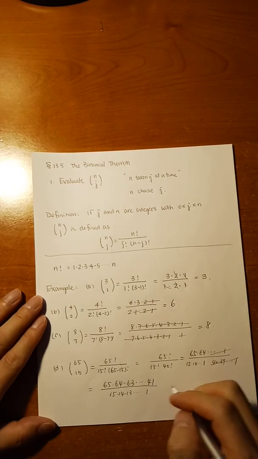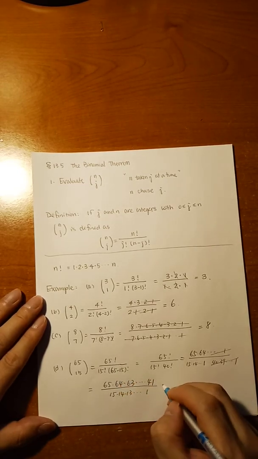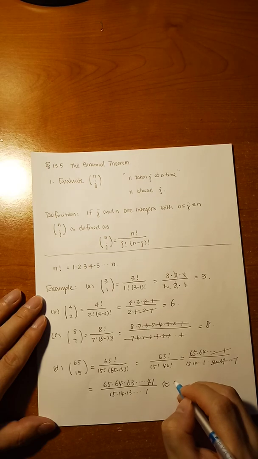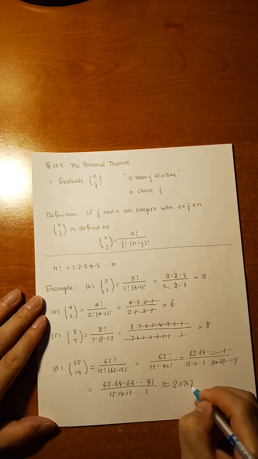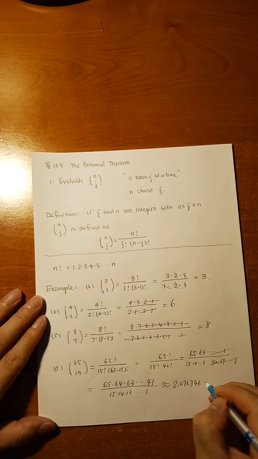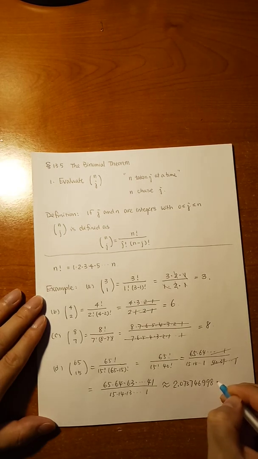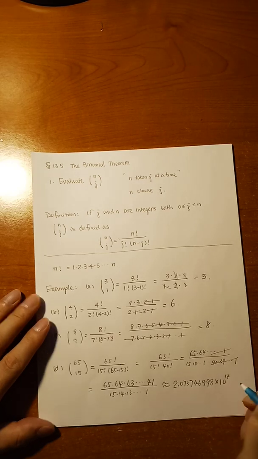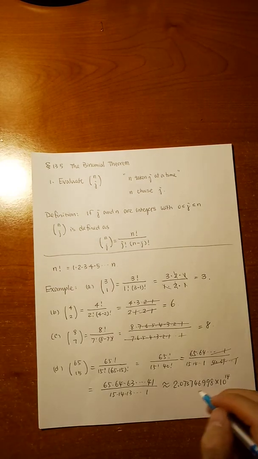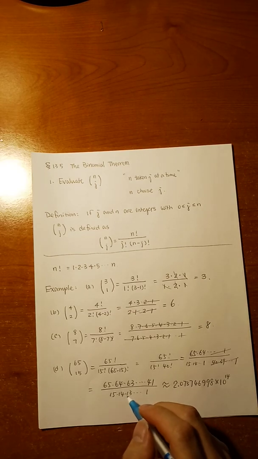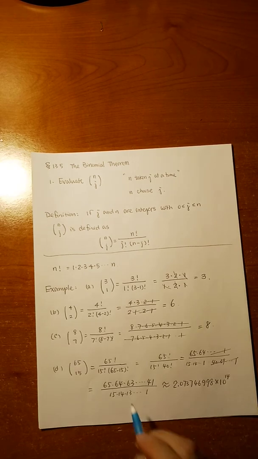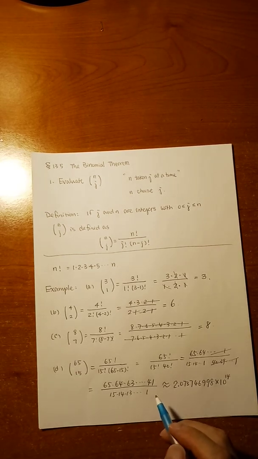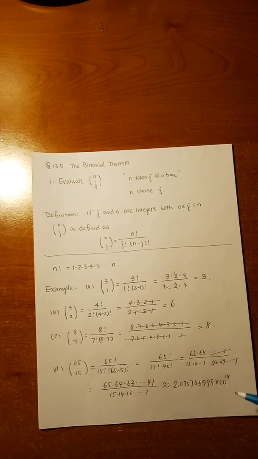The textbook provides an approximation, approximately 2.073746998 times 10 to the 14. This is a huge number, but it is an integer. Even though we write the approximation this way, it's a huge integer. So that's n choose j, n taken j at a time.